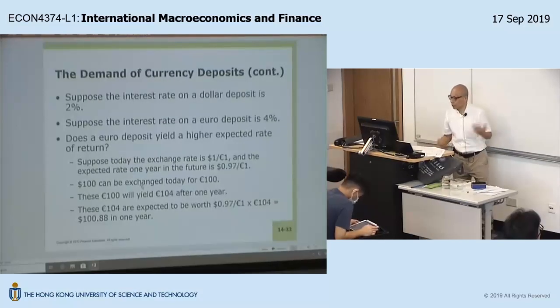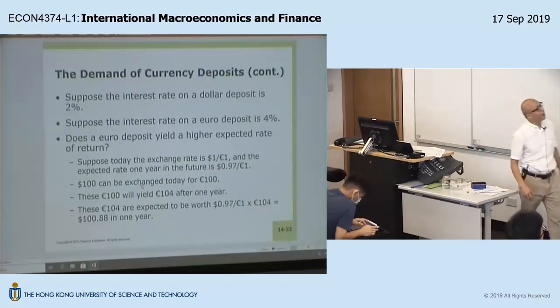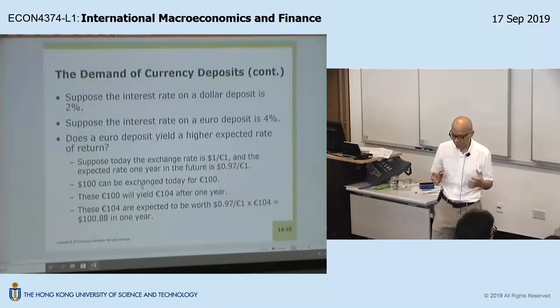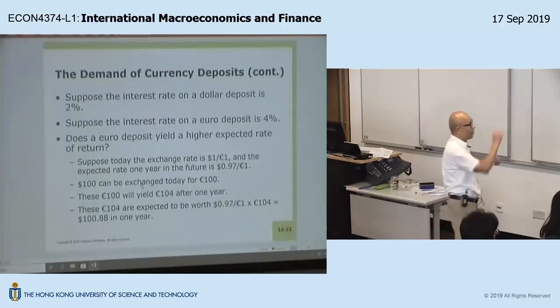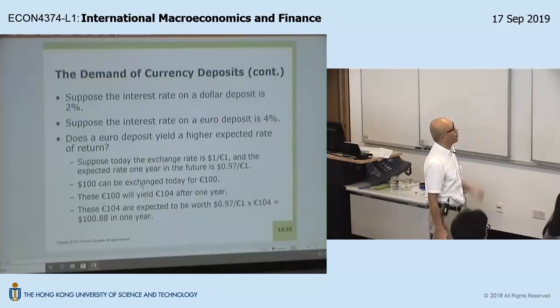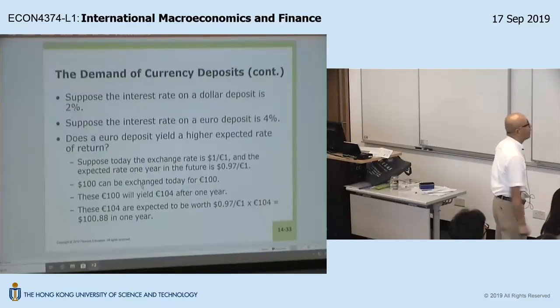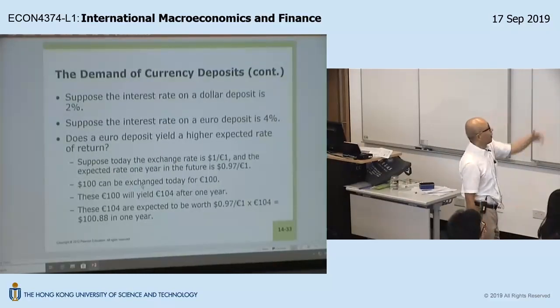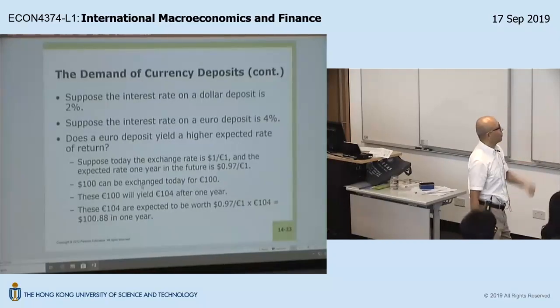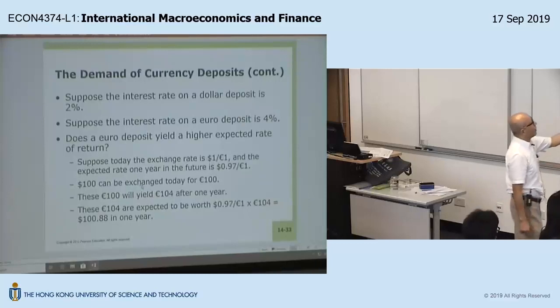Okay, so let's say, for example, the home currency is the US dollar and the foreign currency is the euro. The interest rate on dollar deposit is 2%. The interest on euro deposit is 4%. So does a euro deposit give you a higher expected rate of return? Well, it really depends.